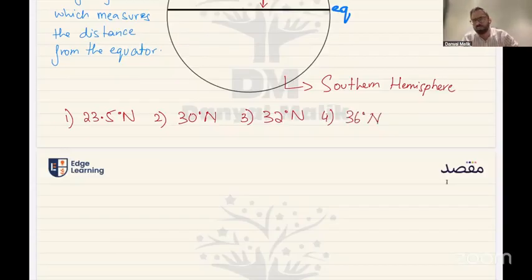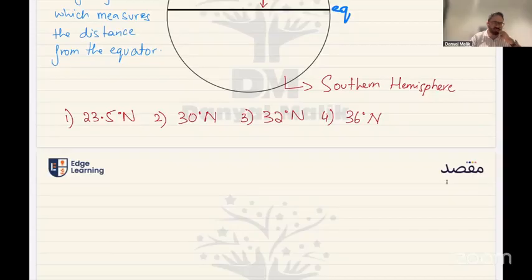So whenever in your CIEs you have any latitude to label, one thing which is for sure is that the latitude has to be any one of these 4 values. A fifth value can't come.